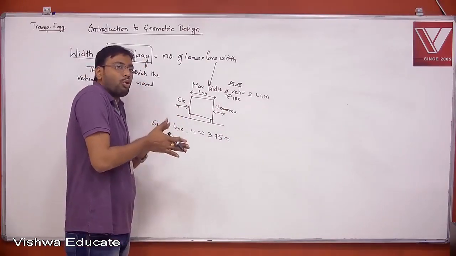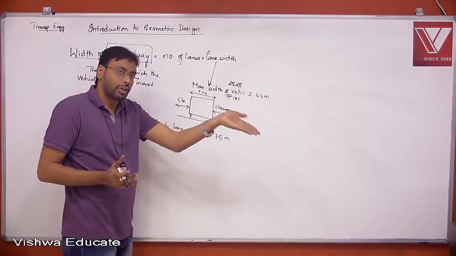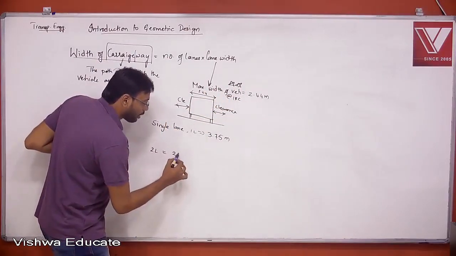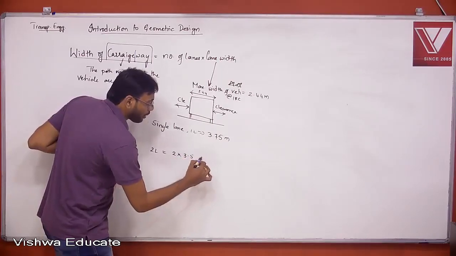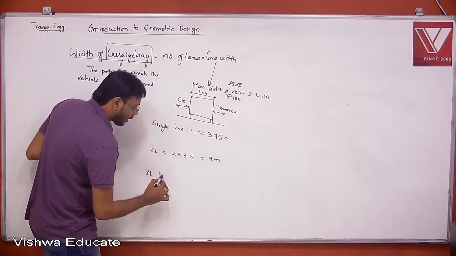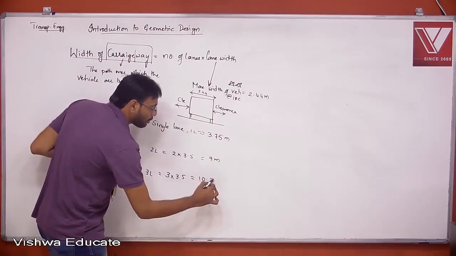If more number of lanes are there, then it is multiples of 3.75. Means if a 2-lane road is there, it is 2 into 3.5, 7 meters. Similarly, if a 3-lane road is there, it is 3 into 3.5, 10.5 meters.